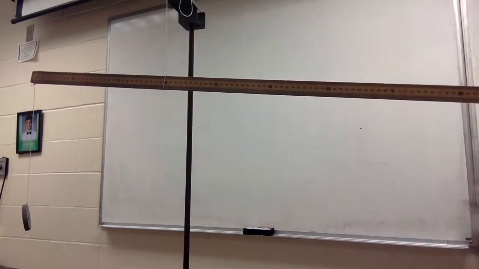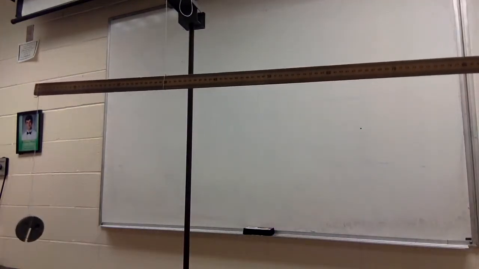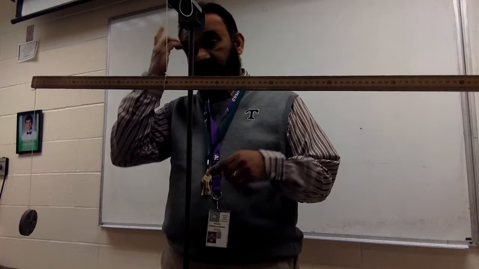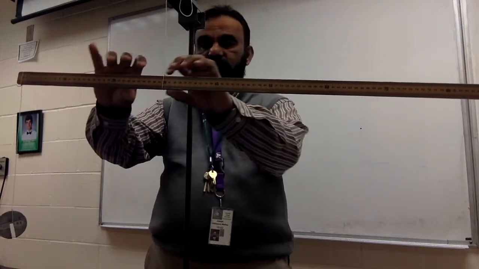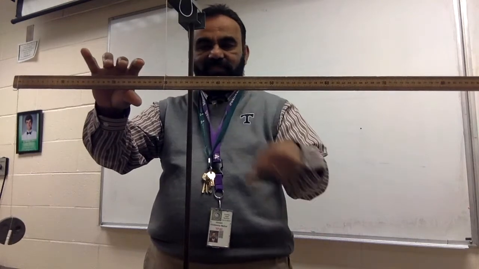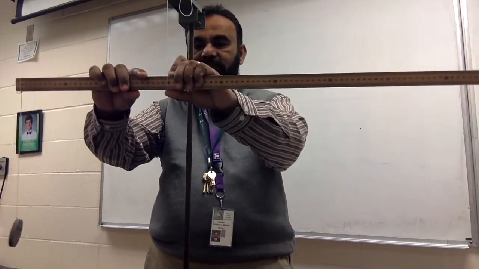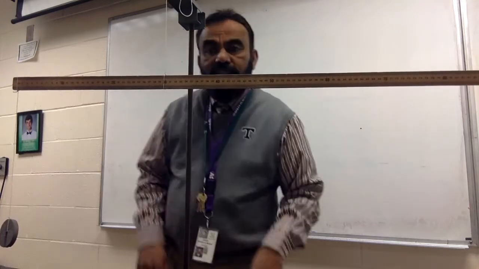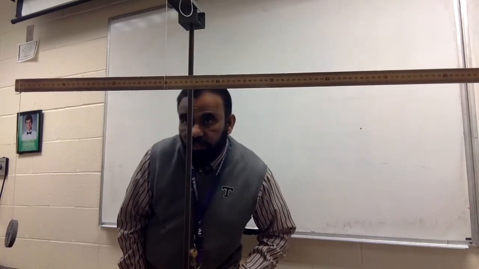Now it's not horizontal yet. How much do you say the weight is? 100 grams. So this is not horizontal yet, so I make sure that it is perfectly horizontal. If it is perfectly horizontal, you're ready to take the readings.